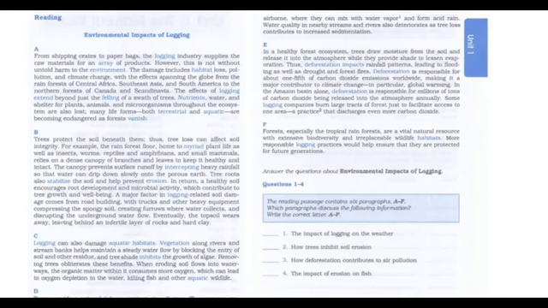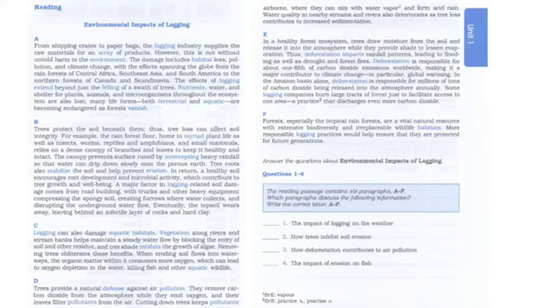Deforestation is responsible for about 1/5 of carbon dioxide emission worldwide, making it a major contributor to climate change, in particular global warming. In the Amazon basin alone, deforestation is responsible for millions of tons of carbon dioxide being released into the atmosphere annually. Some logging companies burn large tracts of forest just to facilitate access to one area, a practice that discharges even more carbon dioxide.